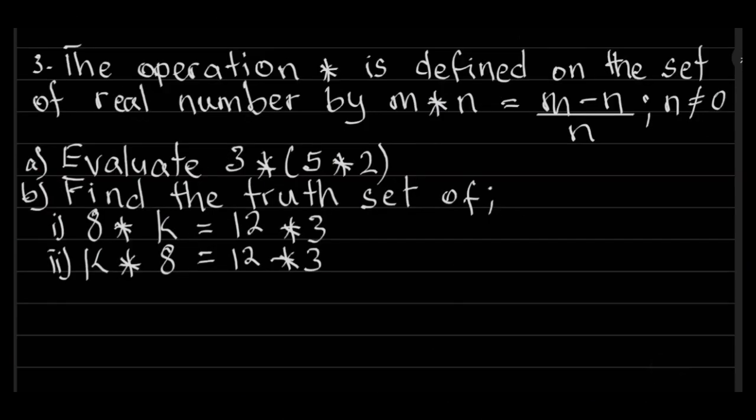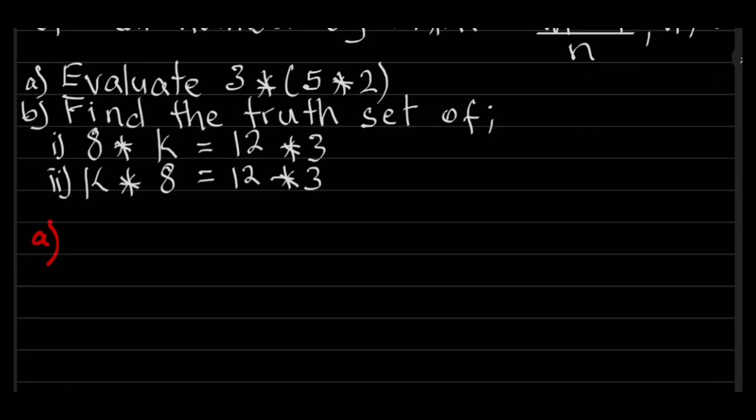Now this is question 3. The operation star is defined on the set of real numbers by m star n equals m minus n all over n, where n is not equal to 0. Based on that, we are supposed to evaluate 3 star (5 star 2). We solve what's in the bracket first.